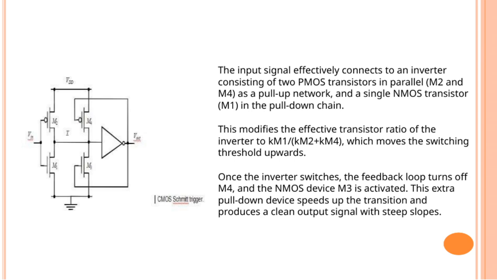When the inverter switches state, a feedback loop turns off transistor M4 and activates another NMOS transistor, M3. This additional pull-down transistor helps speed up the output transition, resulting in a clean signal with sharp, steep edges. The overall design optimizes switching performance by carefully controlling transistor operation and threshold levels.